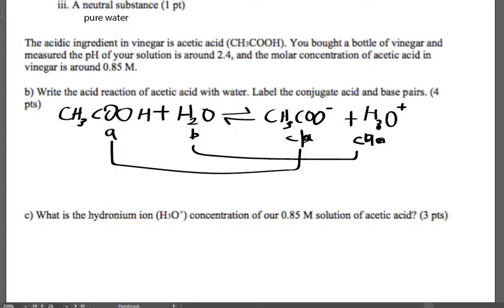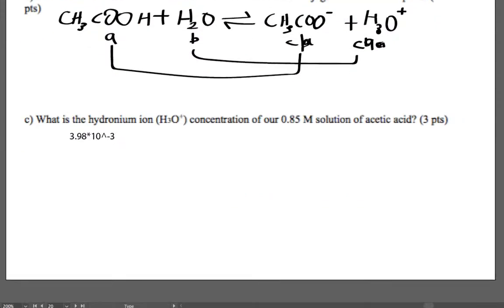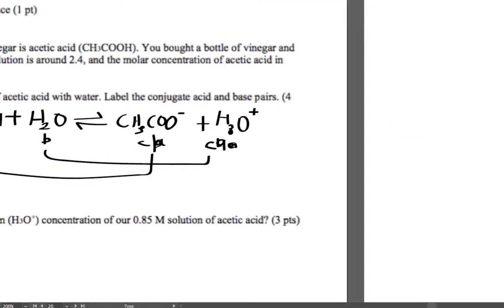When you plug it into your calculator, it's 10 to the power of negative 2.4, and that's the amount of hydronium ions, which is 3.98 times 10 to the power of negative 3. Okay. That's that. Quick one, there we go.